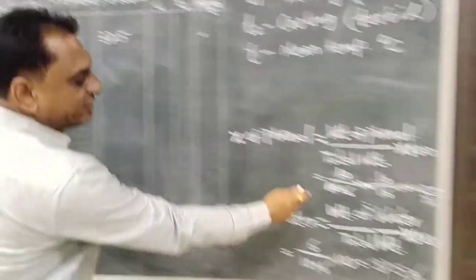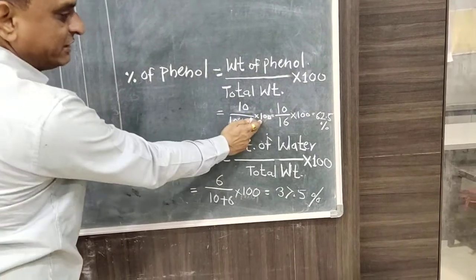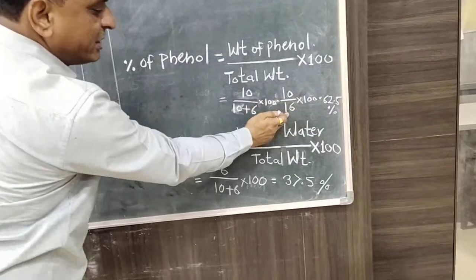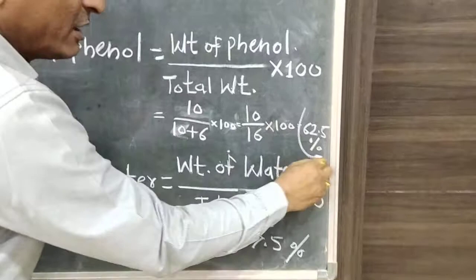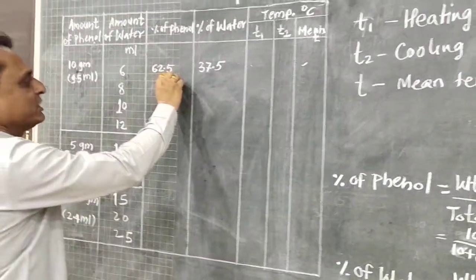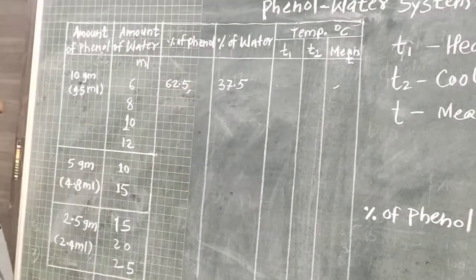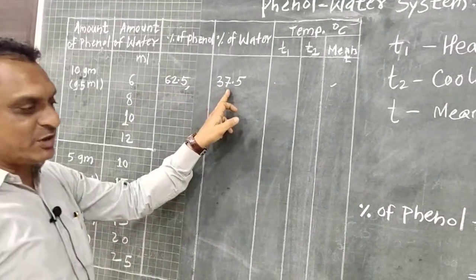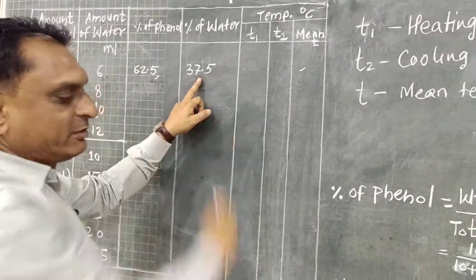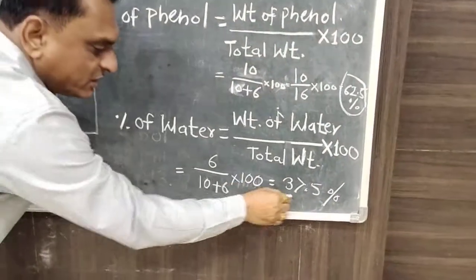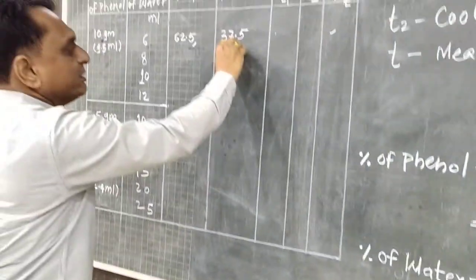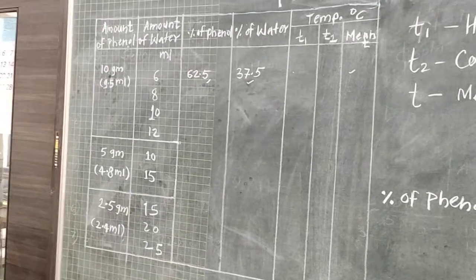So this is 10 divided by (10 plus 6) into 100, which is 10 divided by 16 into 100. It comes to be 62.5. So this is the percentage of phenol for the first reading. Similarly, the percentage of water calculated the same way is 37.5. It can be represented in the observation table.